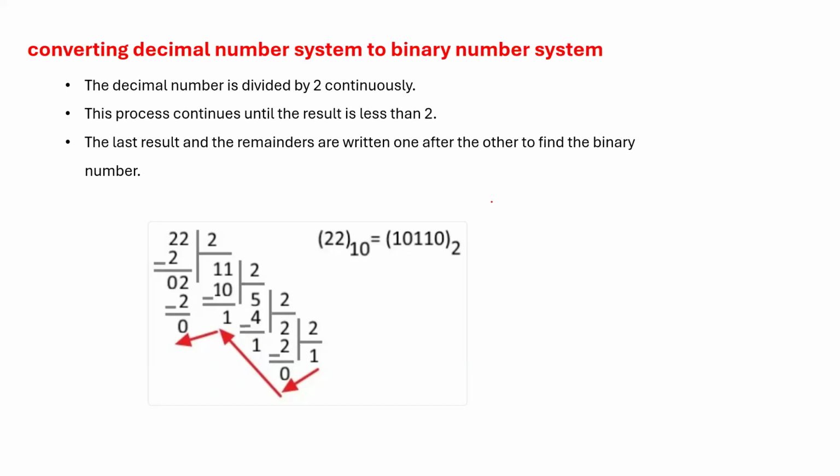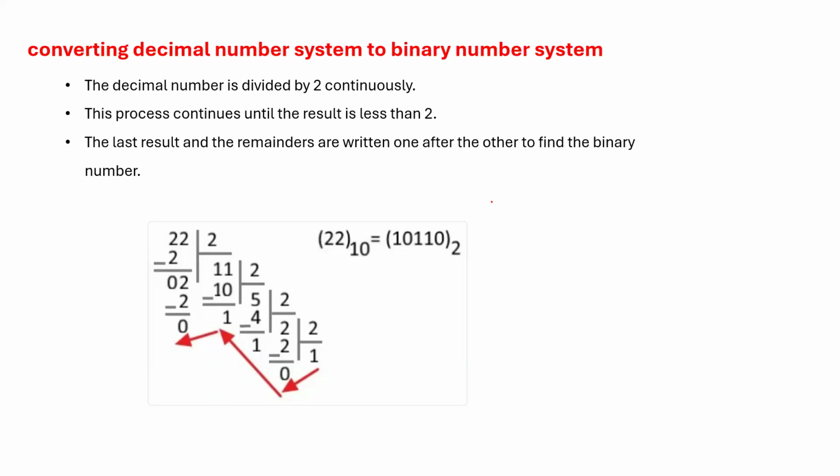Okay, so we will continue, remainder is 0. Then by 2, 5, 1, 2, so now this result is less than 2. We can stop at that point.